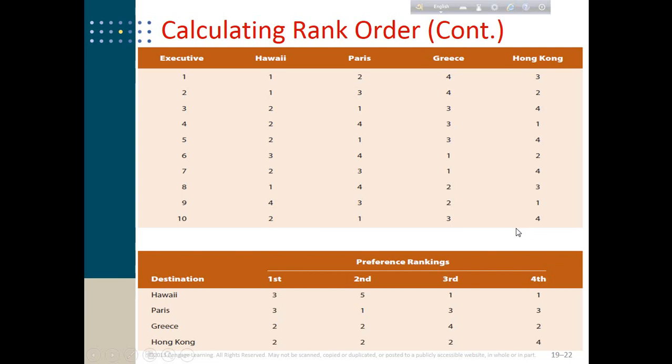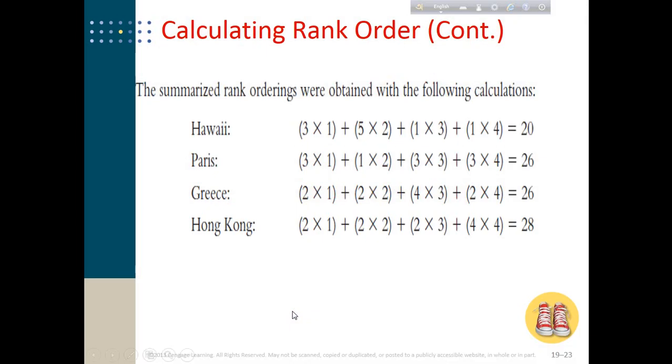So in this way, 10 executives ranked these 4 places from their top to bottom choices. Now they are summarized: Hawaii got 3 first, 5 second, 1 third, and 1 fourth. Paris got 3 first, 1 second, 3 third, and 3 fourth. So this is how they have been summarized.